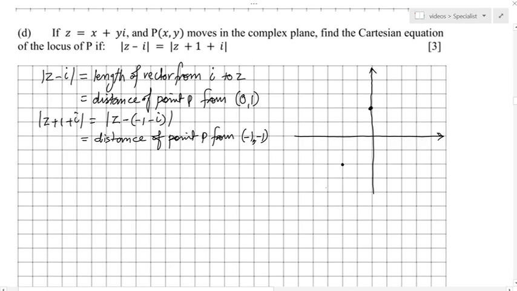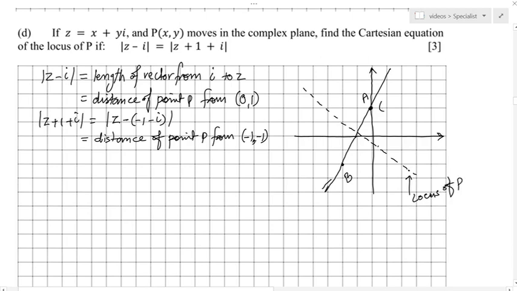Obviously, this point would therefore move along the perpendicular bisector of the line connecting these two points. Let's call them point A and point B. What we are looking at is the perpendicular bisector, and this is our required line. This is our locus of P.